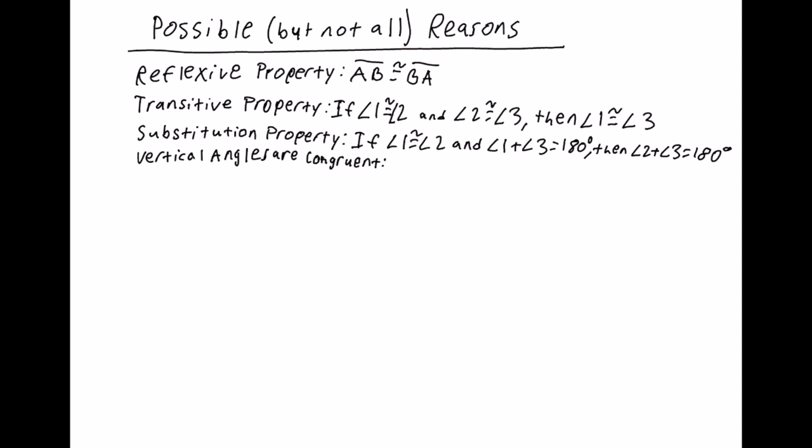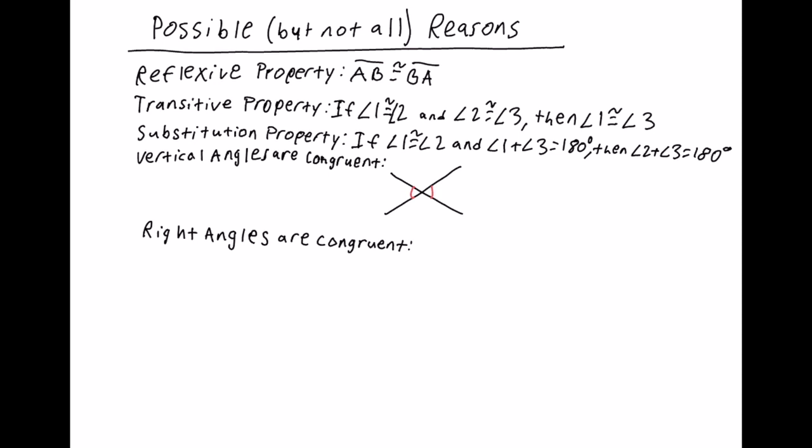And some more of these will be more like statements of things you know. A big one that's used is vertical angles are congruent. So if you have two lines that intersect each other, the opposite angles are vertical angles, and those are always congruent.